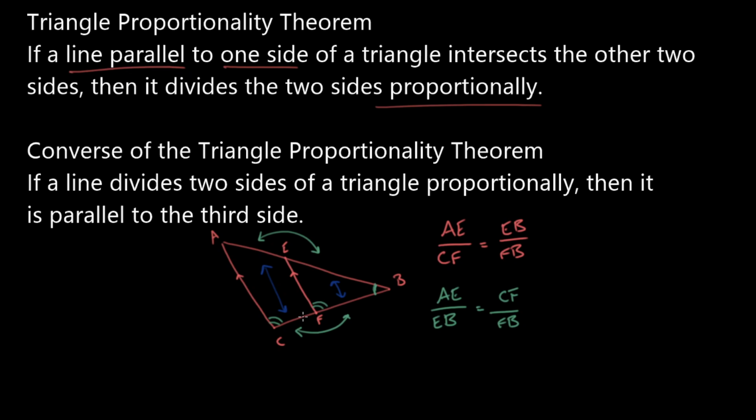So there's just a whole bunch of ratios that are going on here. They're all going to be equal. And so as long as I'm pairing things up properly, then I'm going to be good. And so it's all about finding these pairs. AE is to the thing across from it, CF, as EB is to the thing across from it, FB. AE is to the length on the same side, EB, as CF is to the length on the same side, FB.